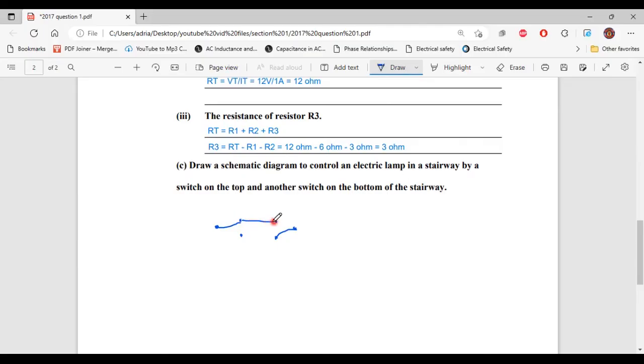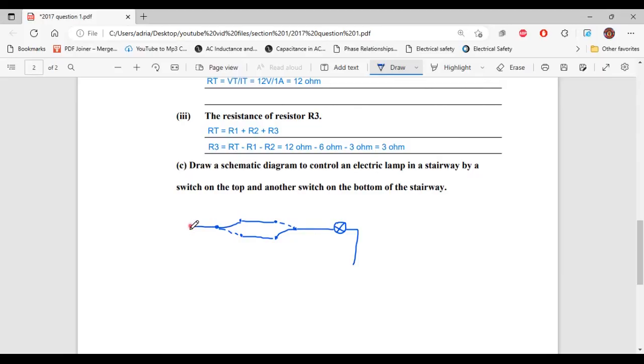So here we have our switches. Keep in mind that this is not drawn to scale. All right, so let's put in our lamp.